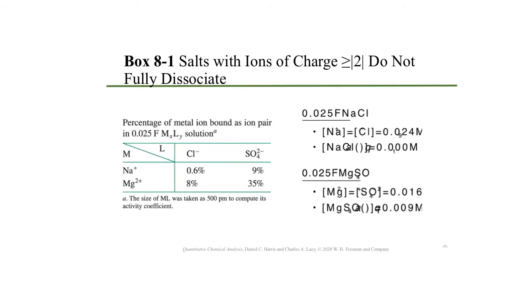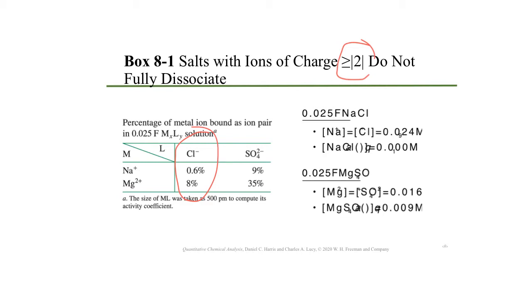So this one got a little corrupted in translation, but I'll give you the explanation here. Basically, as you have ions with a charge greater than plus or minus 2, they don't fully dissociate. So if you look at something like NaCl, how much of the Na+ is not dissociated is only 0.6%.